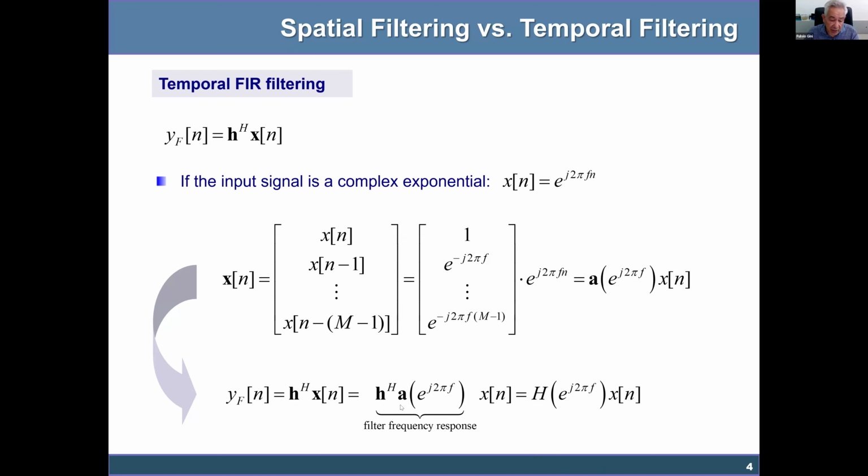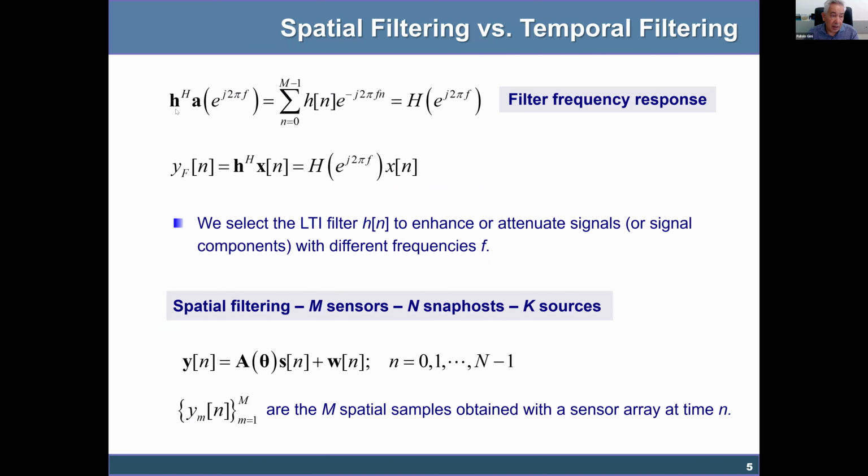Now, if you calculate explicitly H-Hermitian a, it is the inner product between these two vectors. So it's the summation from 0 to m minus 1, h of n, e to the minus j 2 pi f n. By definition, this is what? This is the frequency response of the filter calculated at the input frequency f.